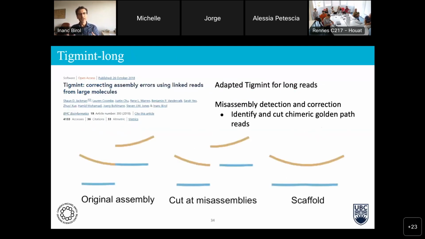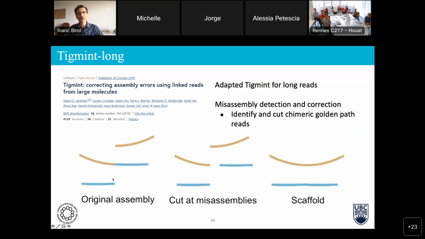All right. Next, we look at the polished golden path reads to fix for misassemblies. Now, misassemblies can happen, especially for the ONT platform, when there are chimeric reads. So if a read is chimeric, indicated like in this line, some part is gold, the other is blue.